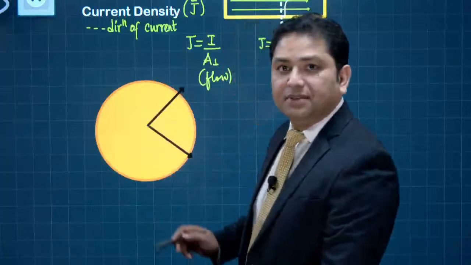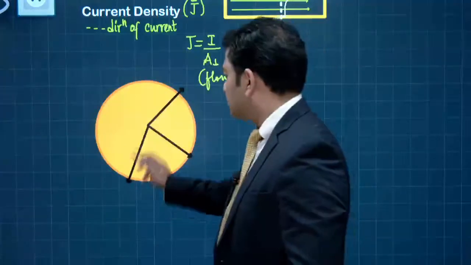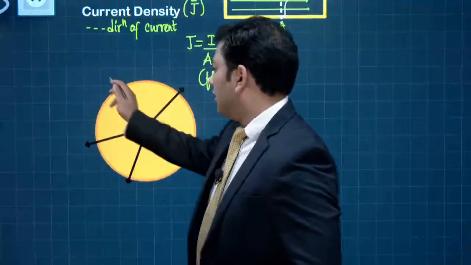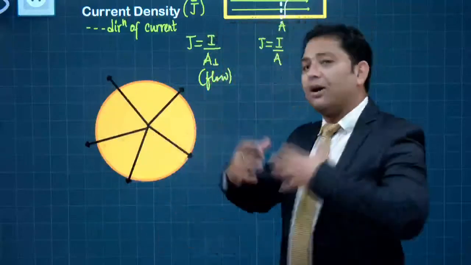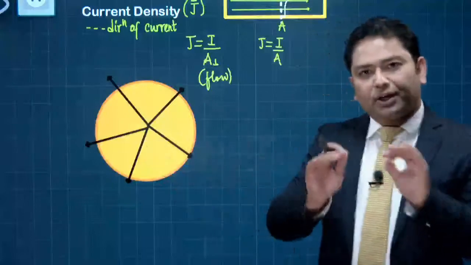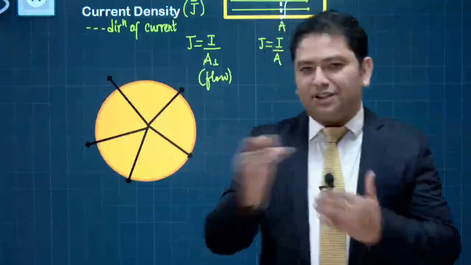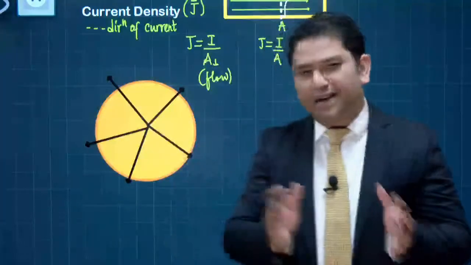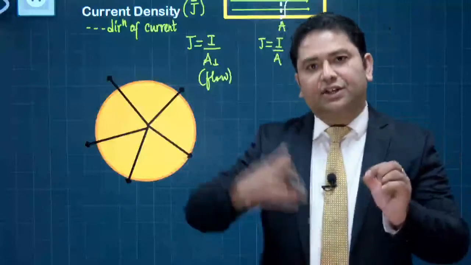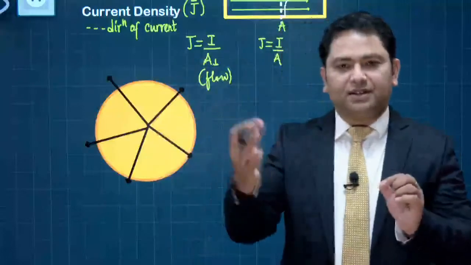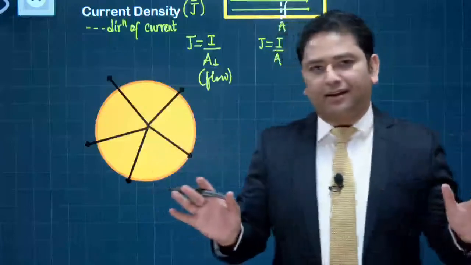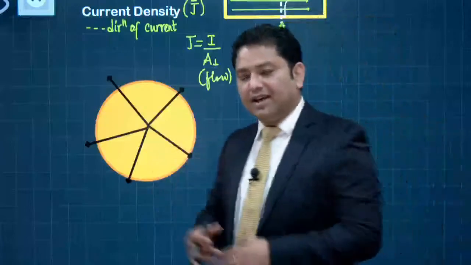The current is going radially outward. A potential difference has been established, a battery connected between the center and the outer surface. Let's not go into that headache. That is the examiner's headache, how to maintain this kind of current pattern.